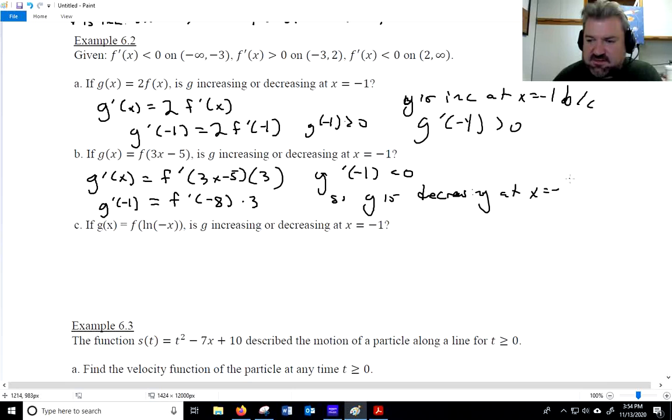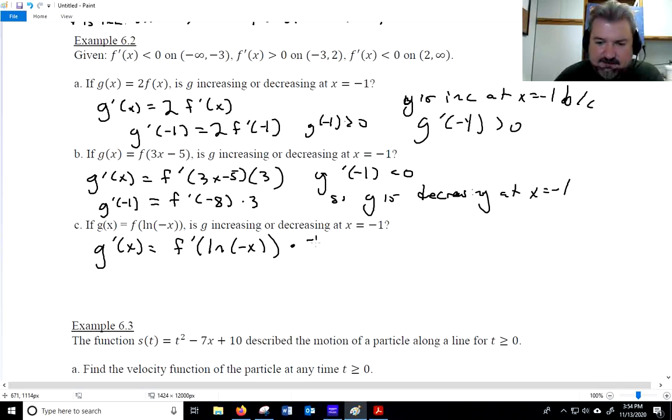at x equals -1. Well, what if g of x equals f of the natural log of -x? Well, again, let's take the derivative. G prime of x is equal to f prime of, leave the inside the same, multiply by the chain, which is u prime over u. So what would g prime of -1 be? It would be f prime of the natural log of -(-1) times -1 over -(-1).